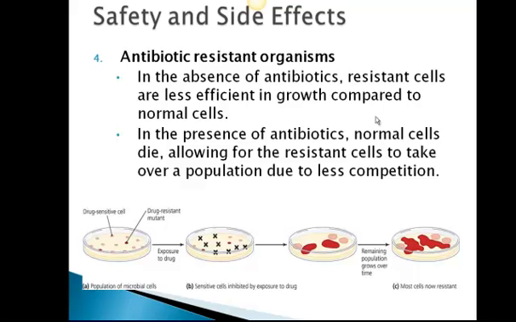They have higher metabolic requirements because oftentimes they have to make new proteins, or they have to alter their protein structures, and these altered protein structures might not be as biologically active as the wild type components. So there's a cost to becoming antibiotic resistant. So antibiotic resistant populations will usually only come into being if antibiotics are present, so that the normal cells die and open up a niche for these resistant populations to take their place.